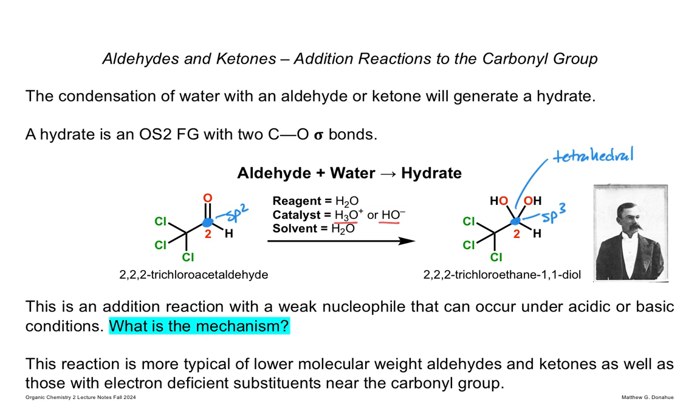And down the road, for biochem or cellular and molecular biology, when you're studying enzymes and metabolism, they'll talk a lot about tetrahedral intermediates and why those things are important as things go through these metabolic processes. So that's forming this molecule called a hydrate. In the nomenclature, you see it's called a 1,1-diol.